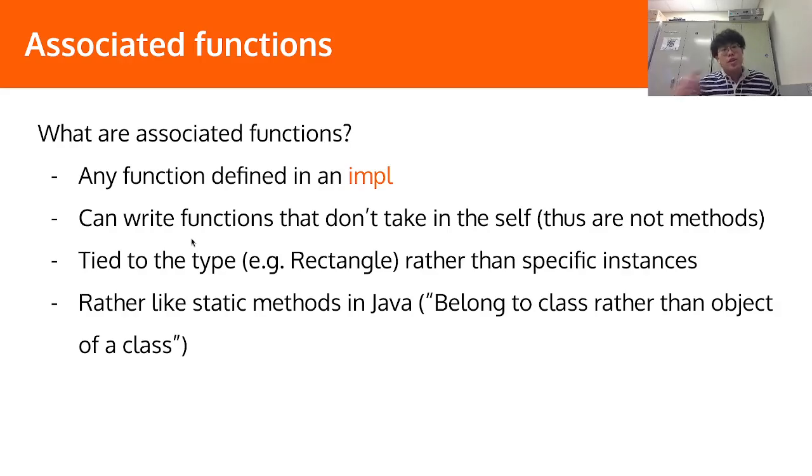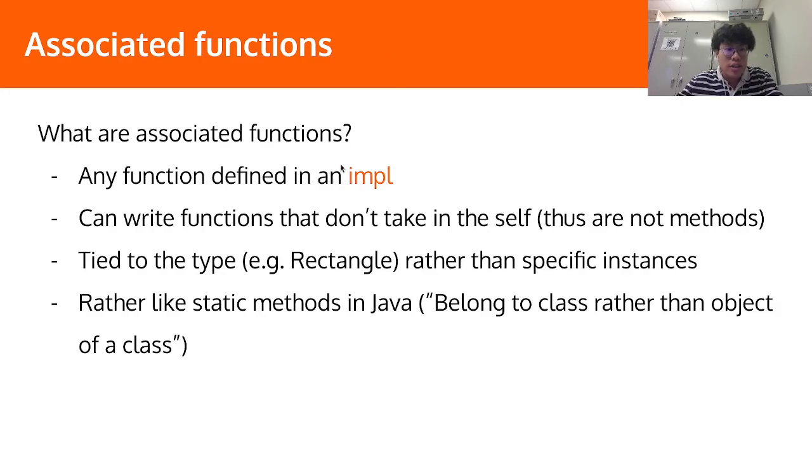So I mentioned associated functions earlier, and just to define it more clearly, any function that is defined in the implement block of a struct is actually an associated function, right? But we've already covered associated functions that take in a reference, a mutable reference, and take ownership of the instance. But what about functions that don't take in the instance, right?